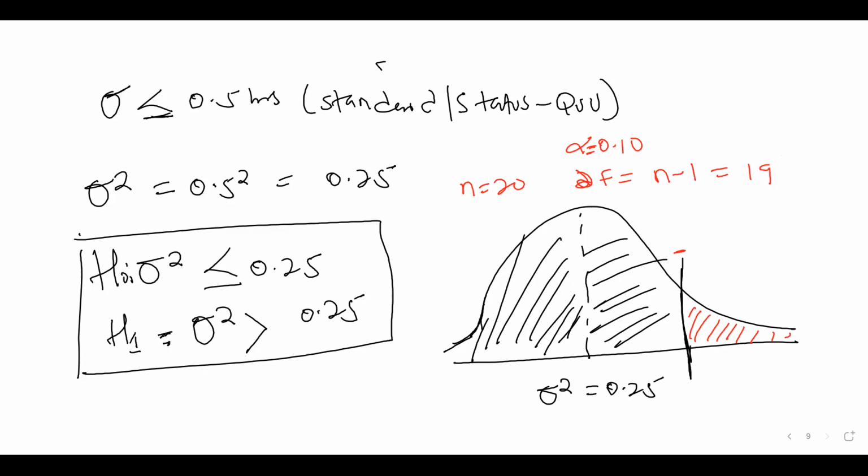Now let me show you something about the chi-square curve. The chi-square table or curve that I'm going to use in this particular video, whatever you read is one tail. The chi-square distribution table is like a mirror.